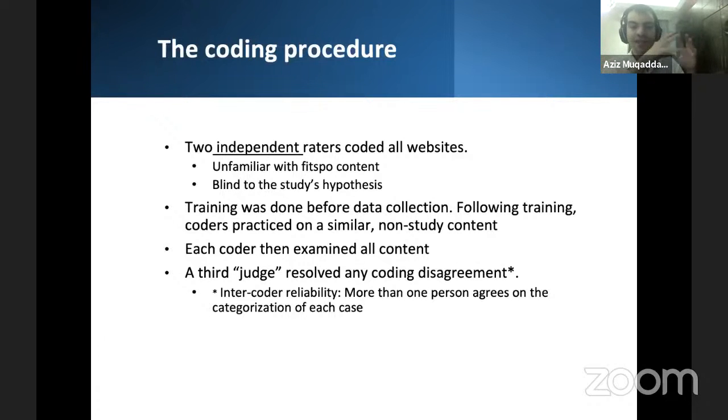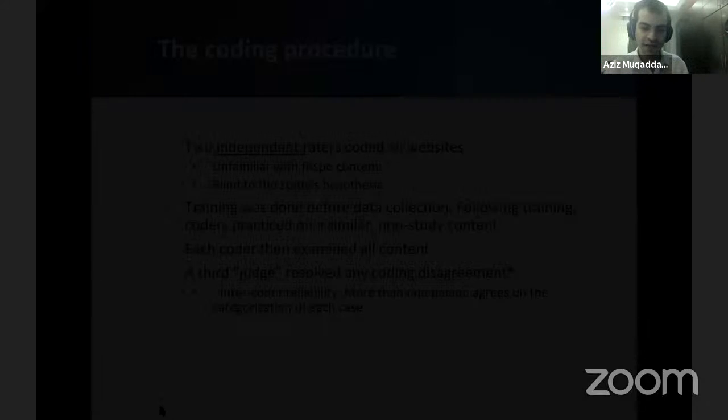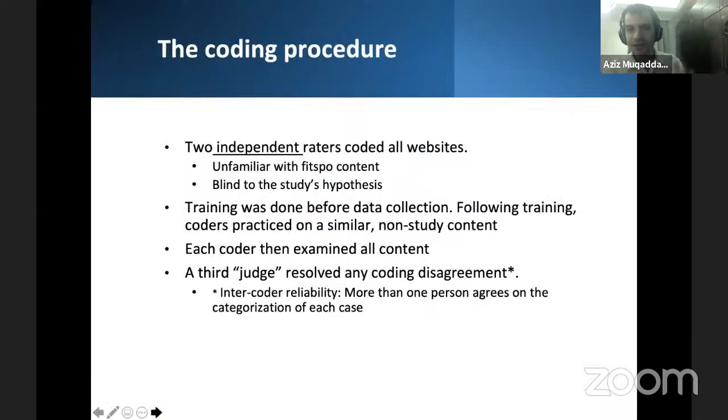And independent means they did it independently. So if Mara and Grant were doing it, they wouldn't actually meet with each other first. They have to look at the 510 images independently, rate them according to this coding scheme, all right? And that will be independent coding.